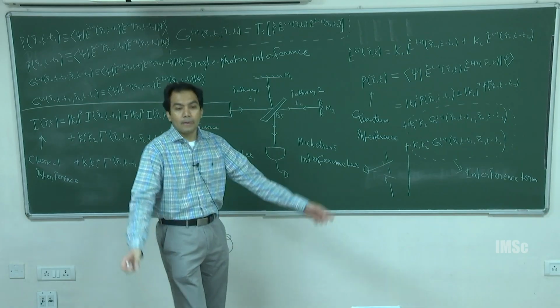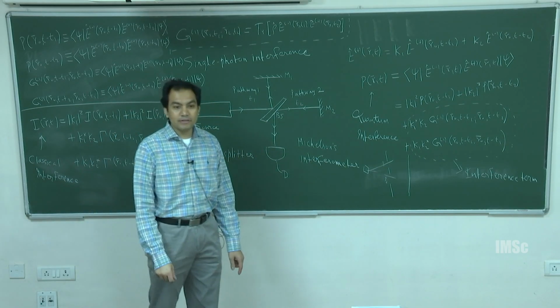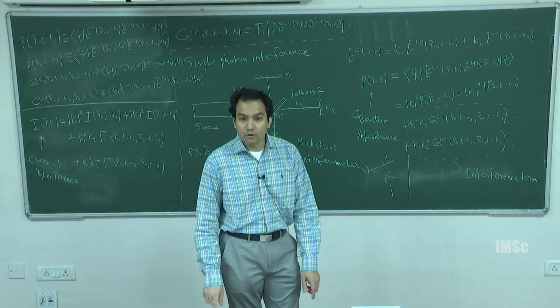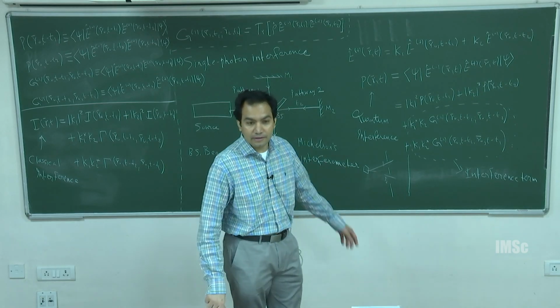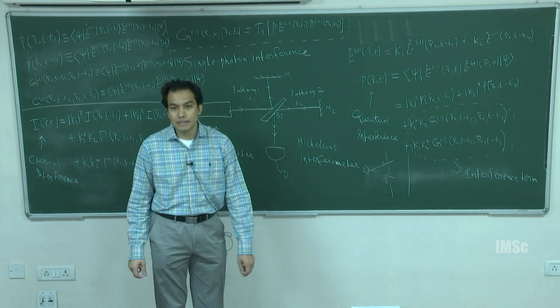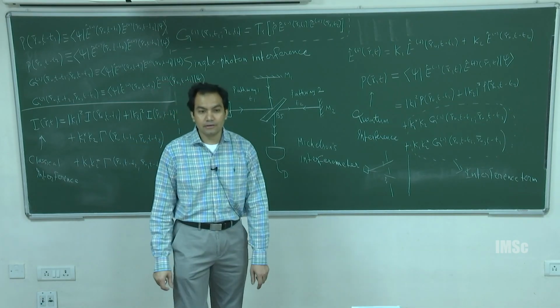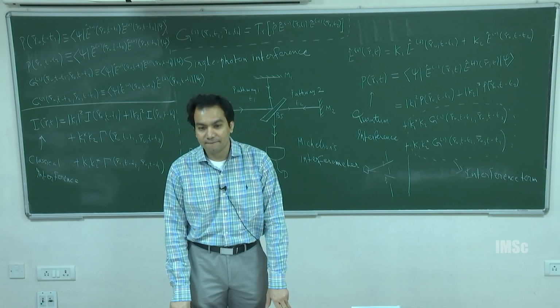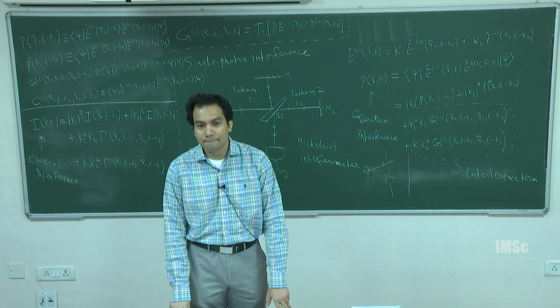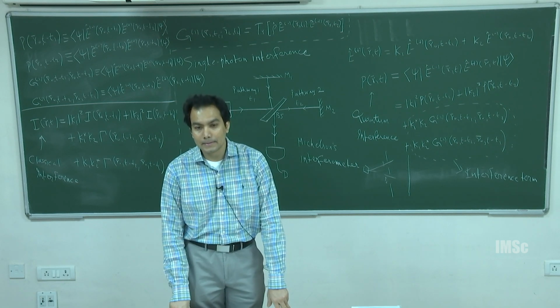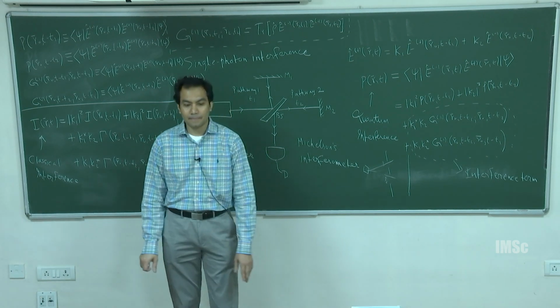When you are able to extract information about the path, you don't destroy the photon. It's just that you will detect the photon like you detect a particle. So in that case, the particle nature manifests. That's what it is.